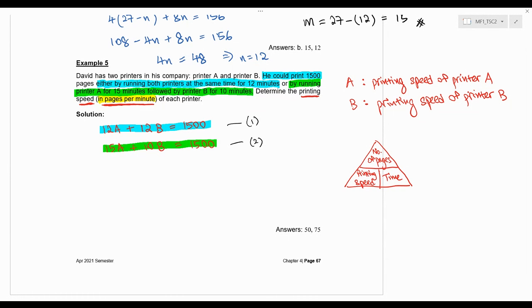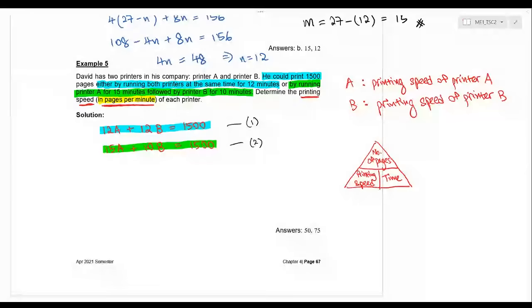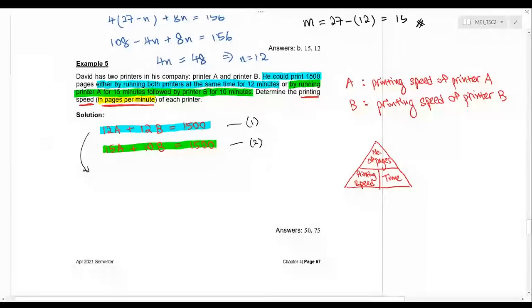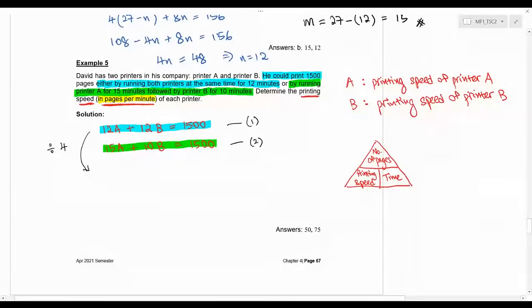Now it seems that we are able to simplify the equation based on the numbers that we have there. So for the 1,500, I can simplify it further. If I take equation 1 and divide it by 4, I will end up with 3a plus 3b equals 375.